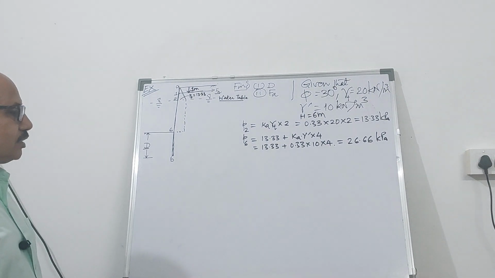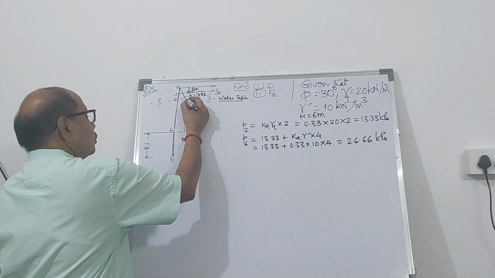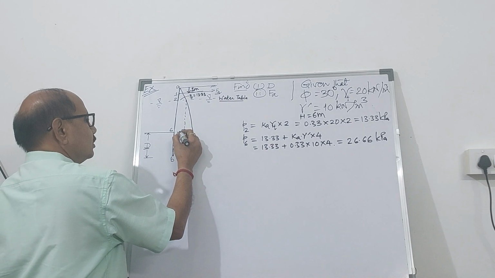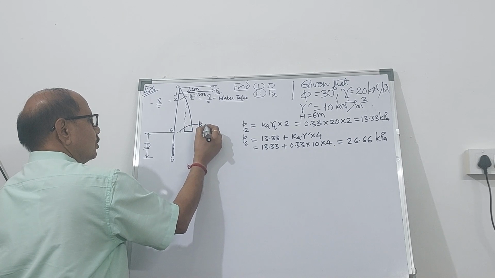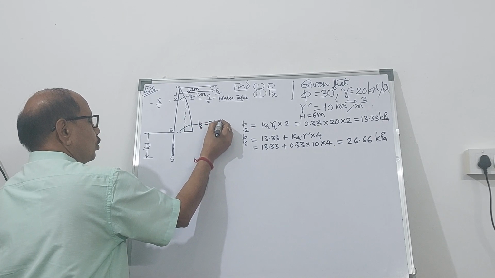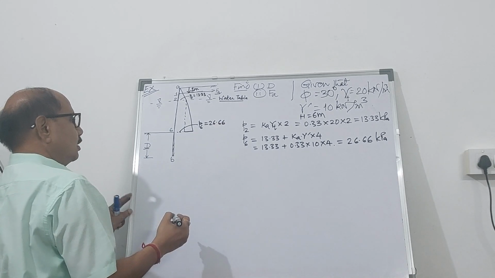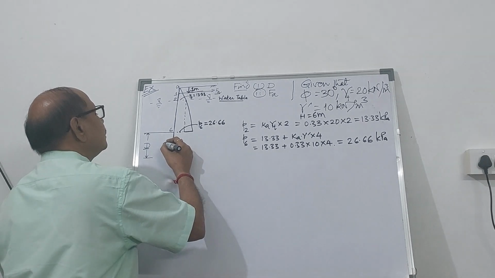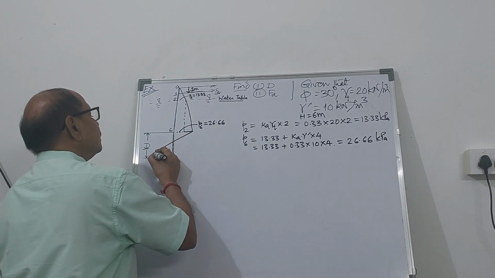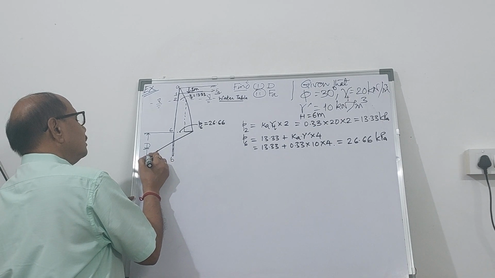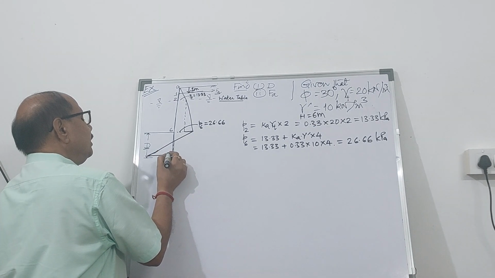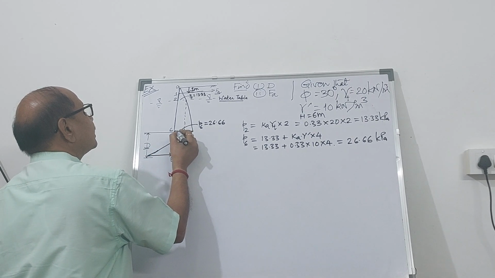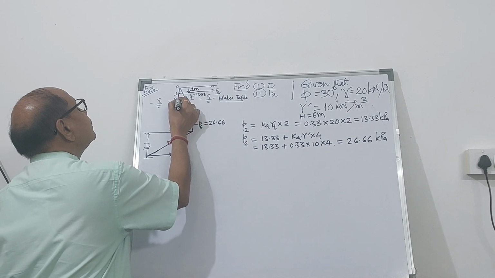So P6 equal to 26.66. And then the pressure here is going to be passive, and this is going to be active. So this is the active pressure.